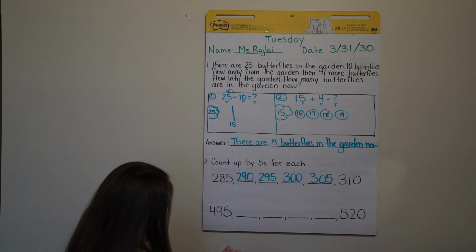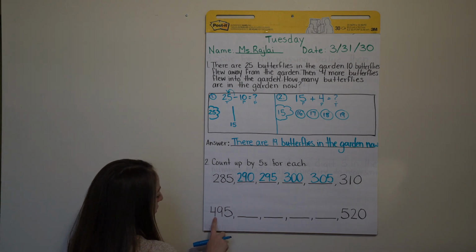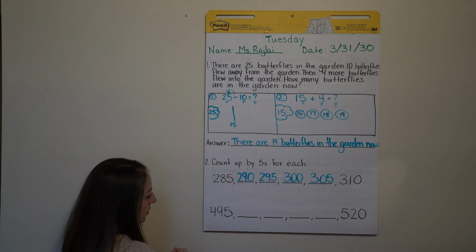Now I want you to move on, and I want you to fill out these 4 blanks for this next part. 495, you can get started.